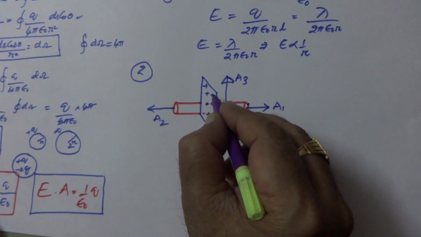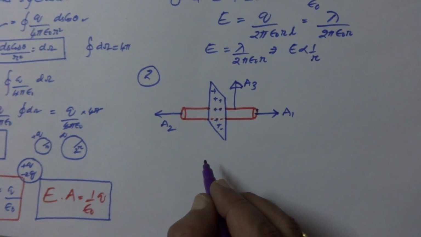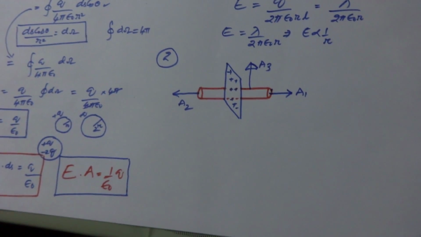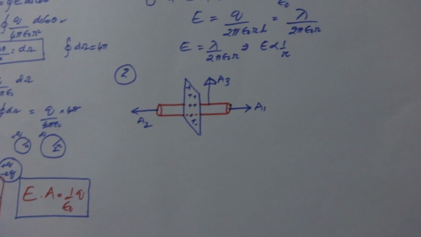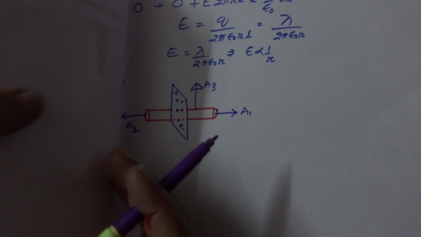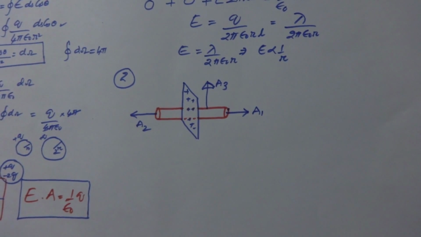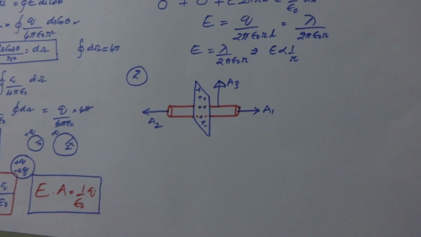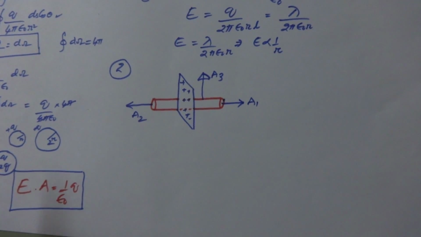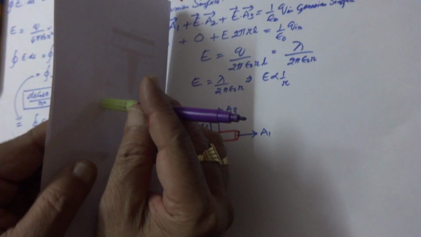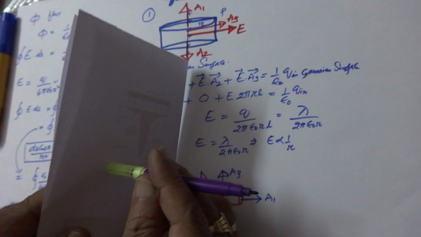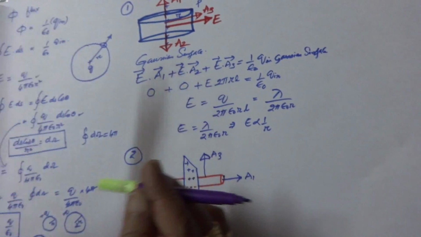Now electric field, suppose I consider this as the charge sheet, if on this charge sheet the electric field is here, this vector will be acting as the electric field vector.